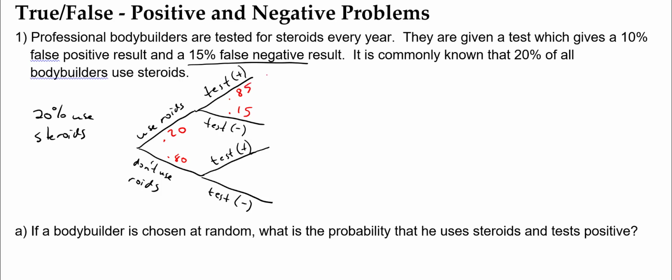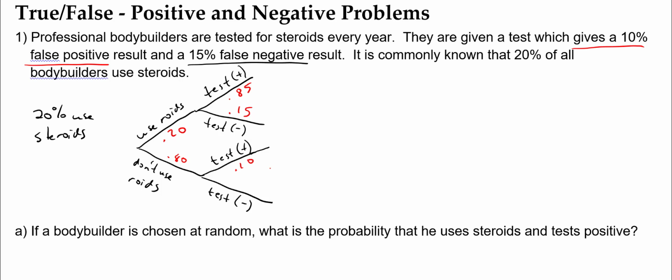Okay, let's go in. If you don't use steroids, shouldn't you test negative? Of course I should test negative. So if I test positive, that's a wrong answer, okay? And it says a 10% false positive. So this is 10% right here. And again, this is saying, hey, I don't use steroids, but I tested positive. That's not good. So 10% of the time when I don't use steroids, it's going to show that I did use steroids.